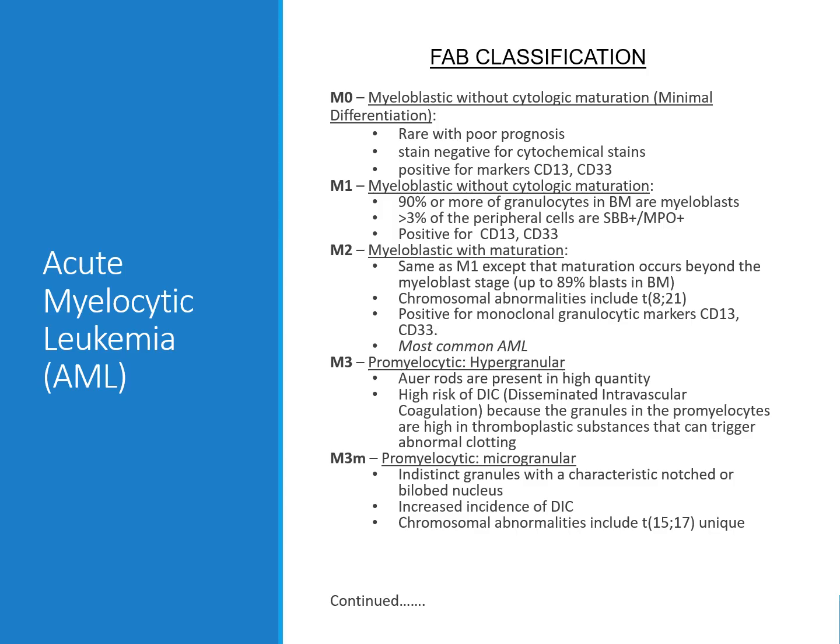And then a greater percent of the peripheral cells are going to be Sudan black B positive and myeloperoxidase cytochemical stain positive. So remember, those cytochemical stains are going to help us identify what type of cell line we're looking at. They will also be positive for CD13 and CD33.